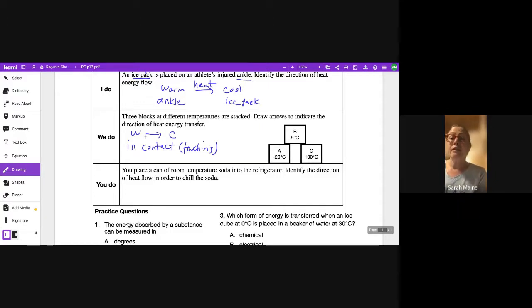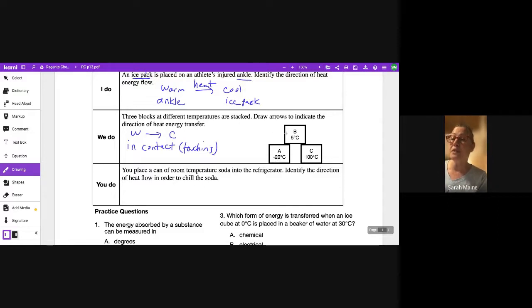So the heat flow is always from the warmer to the cooler. So block B is at 5 degrees Celsius. And don't miss the details. So if you look too quickly, block A looks like it's at 20 degrees Celsius. Don't miss that negative sign. So it's actually negative 20 degrees Celsius, much colder than 0 degrees.